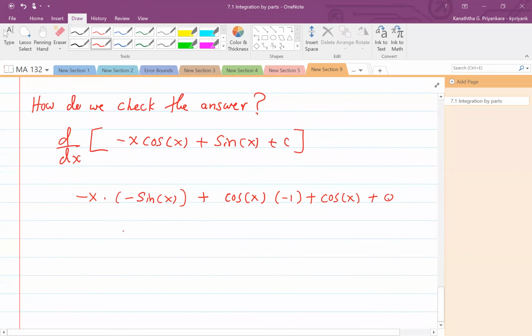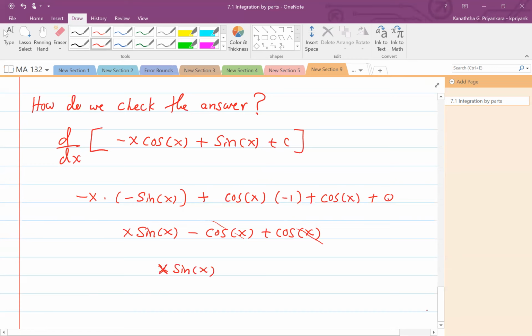Now you get x sine x, and minus cosine x plus cosine x, so these two cancel out. Then we get x sine x.